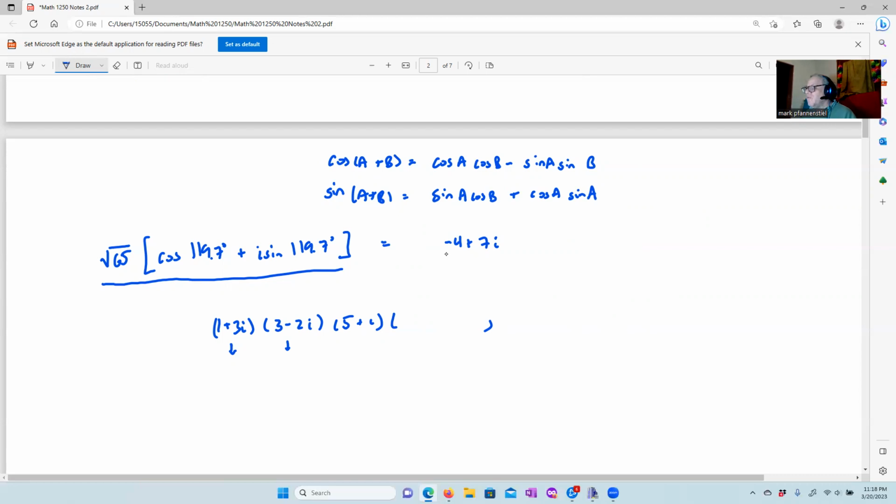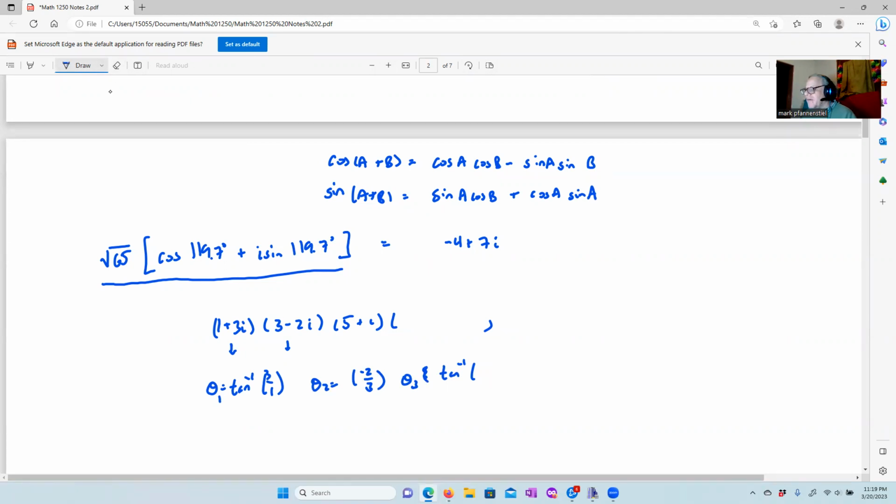Then we can quickly get the moduluses and figure out the thetas, which are just equal to the inverse tangent of the y part over the x part. So theta 1 is there. Theta 2 is equal to the inverse tangent of -2 over 3. Theta 3 is going to be inverse tangent of 1 over 5. We can very quickly figure out the polar forms of all these tiny problems.